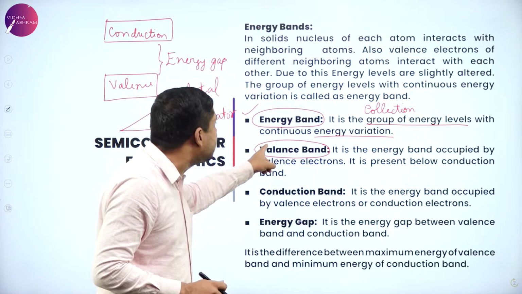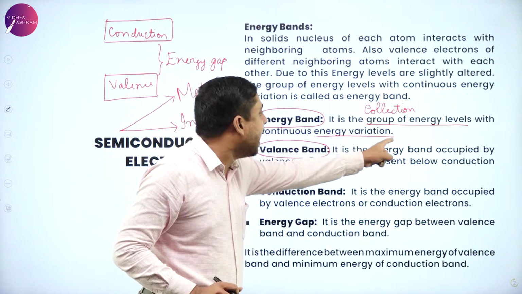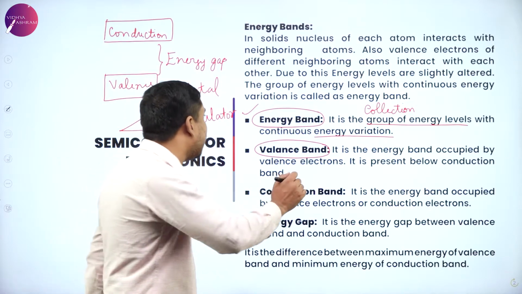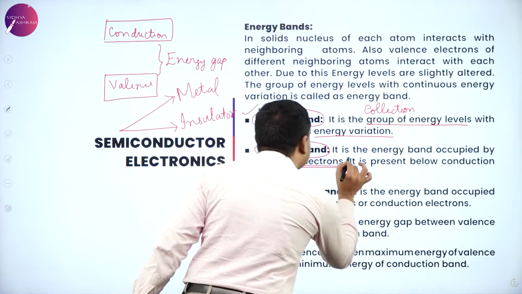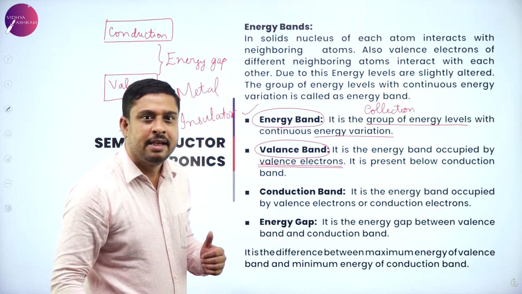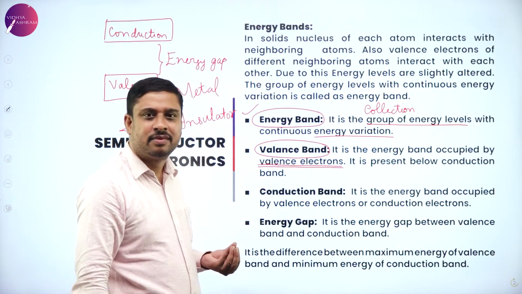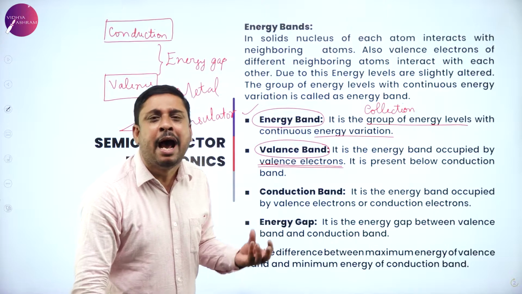So what is this valence band? It is the energy band occupied by valence electrons. As the name says, valence band. What is present in the valence band?